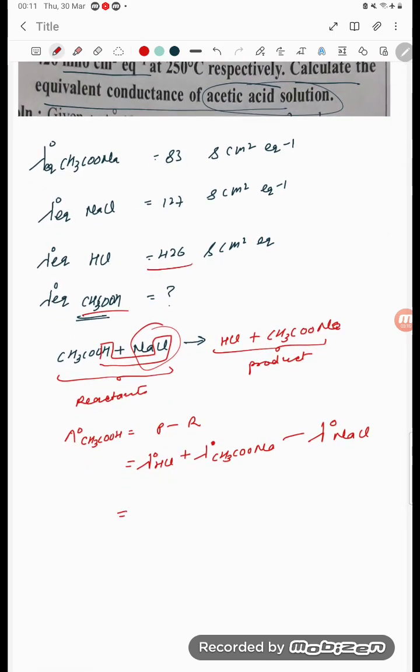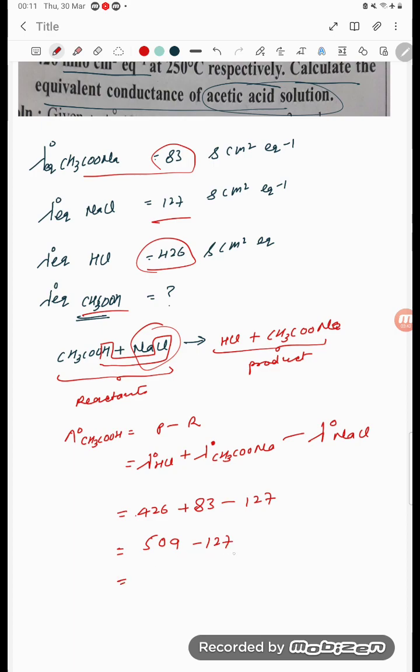So HCl they have given 426, this is the 426. CH3COONa they have given 83, minus NaCl they have given 127, this is the 127. Now let us try to solve it. 83 plus 426 is 509, minus 127.